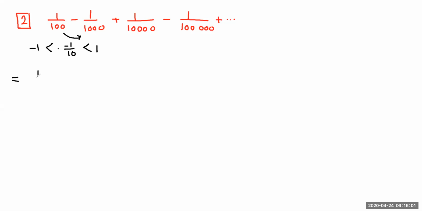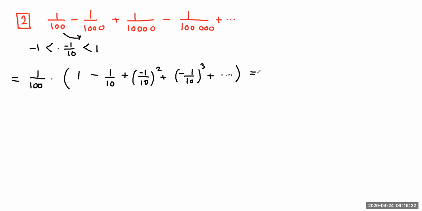So we can write this 1 over 100 times, between parentheses, 1 minus 1 over 10 plus minus 1 over 10 power 2 plus minus 1 over 10 power 3 plus etc. So it's 1 over 100 times 1 over 1 minus minus 1 over 10. So it's 1 over 100 times 1 over 1 plus 1 over 10.